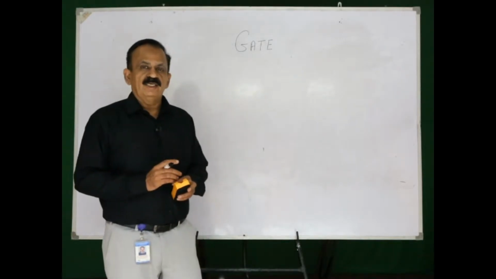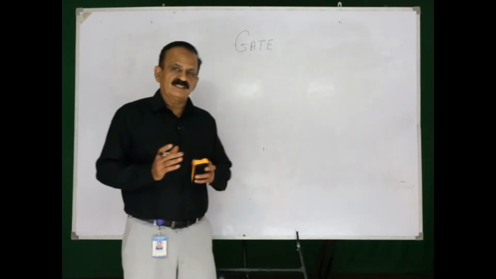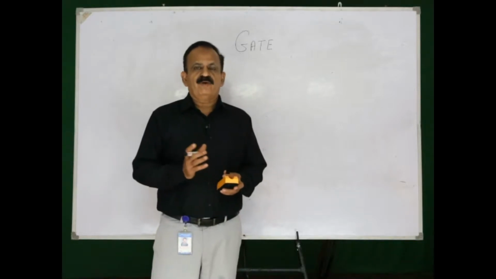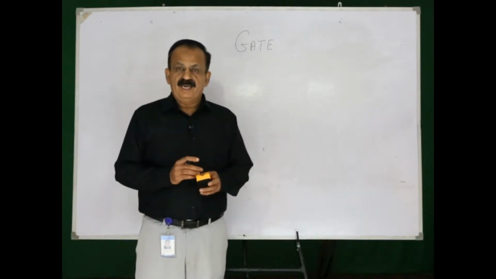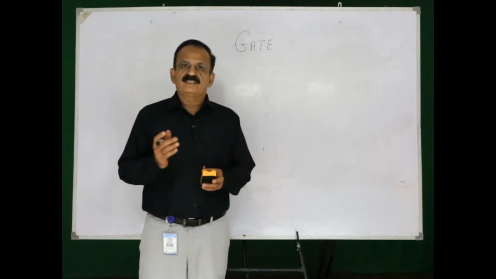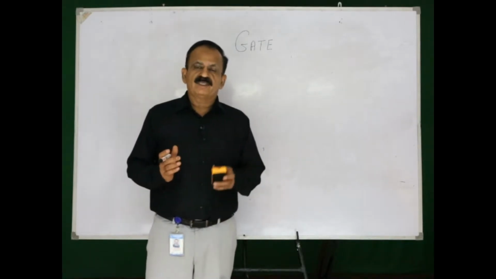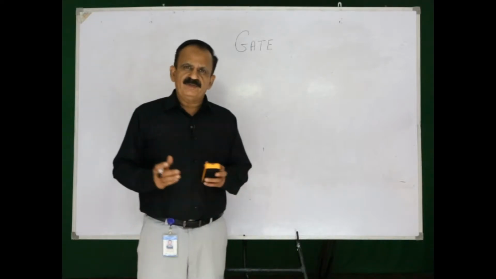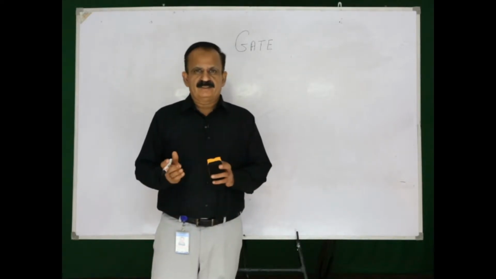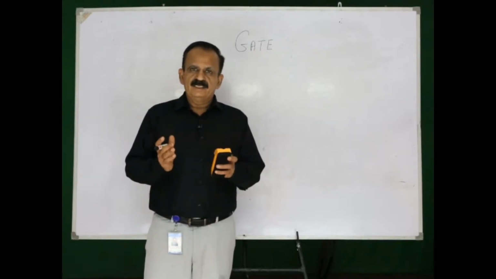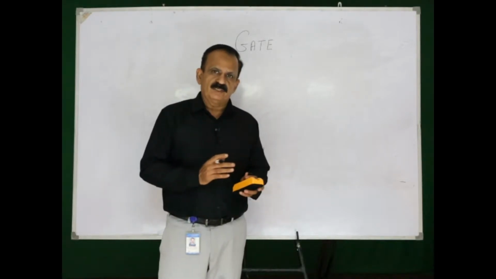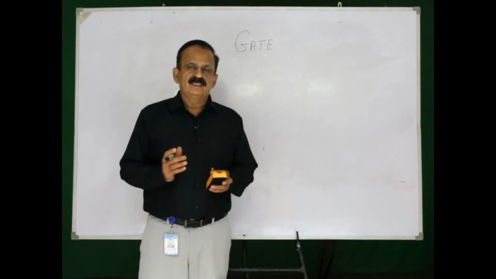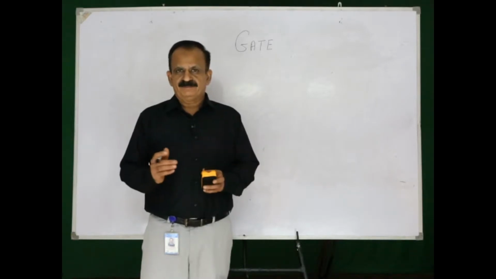As we saw, in the OR gate the output is high when any of the inputs is high, and in the AND gate the output is high when all inputs are high. Similarly, in each and every gate this combination varies. So, output is high for certain combinations of input, and that combination is different for different gates.